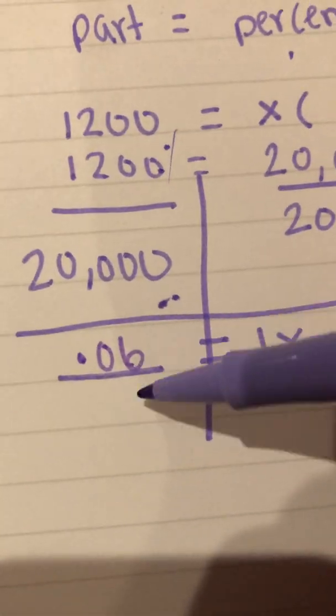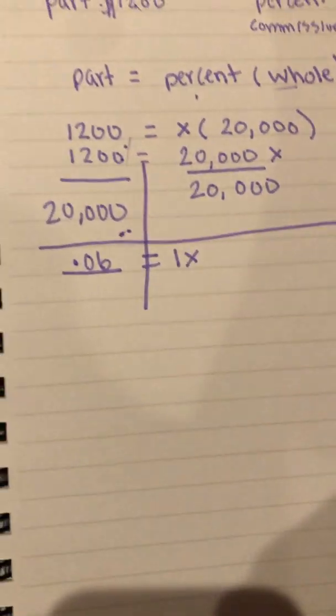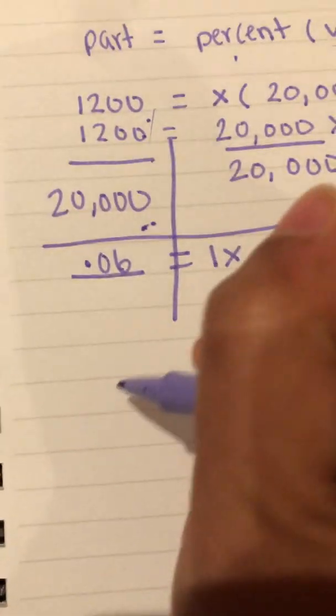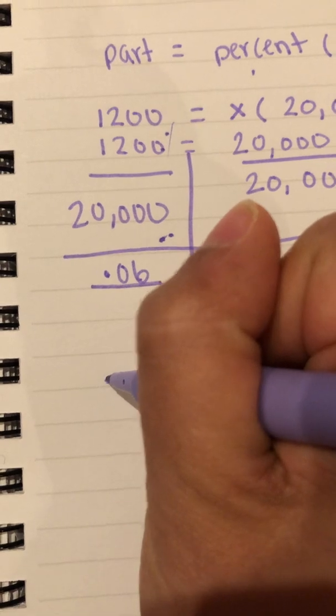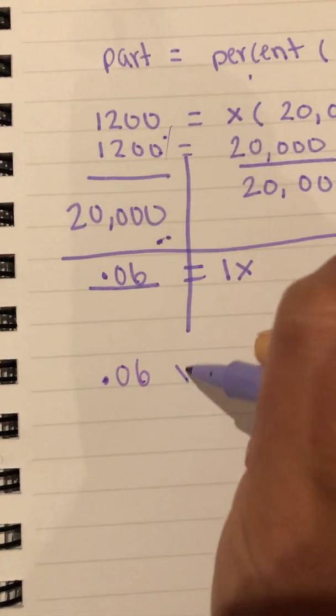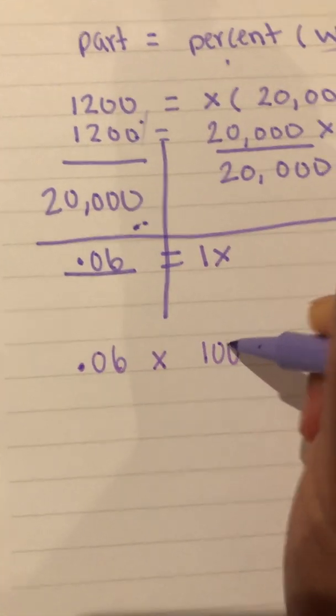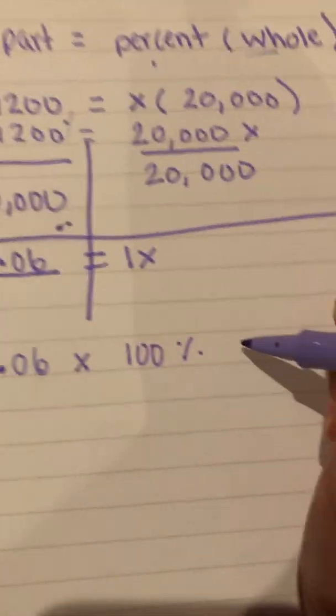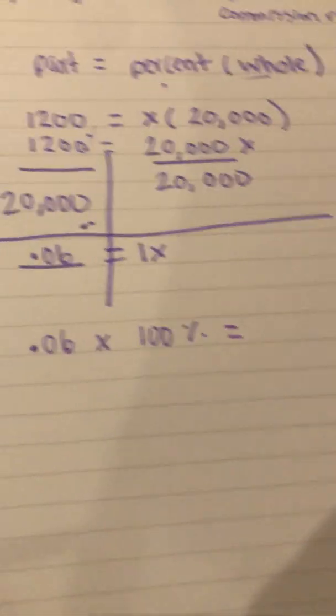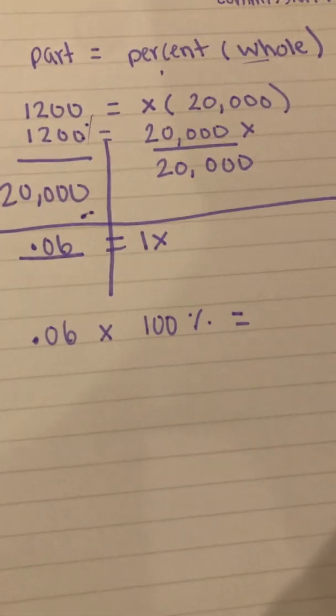How I would say this, 6 is in the hundredths place. But we want to know what is that as a percent. So to figure out as a percent, remember we're going to do 600 times 100. And what we could do is put 100% because we remember that we're converting this into a percent.